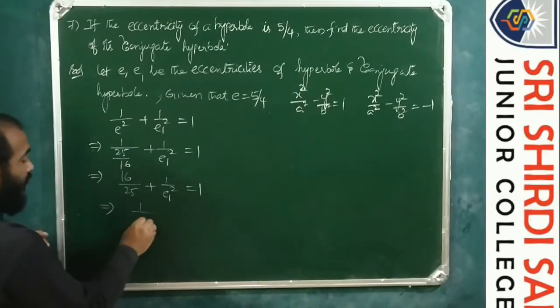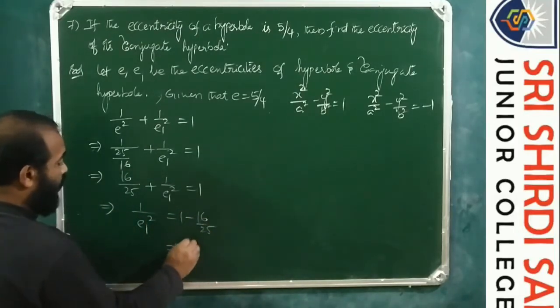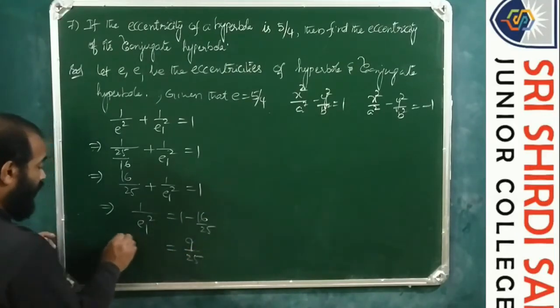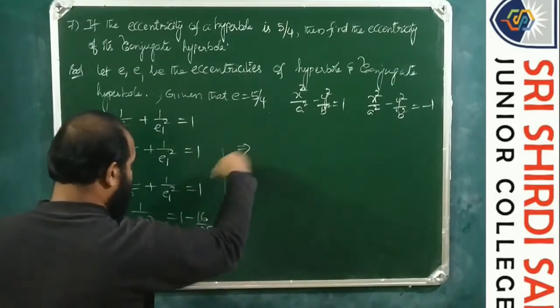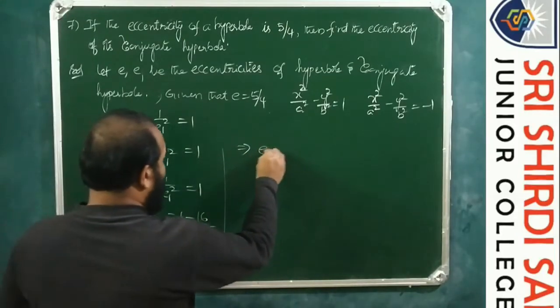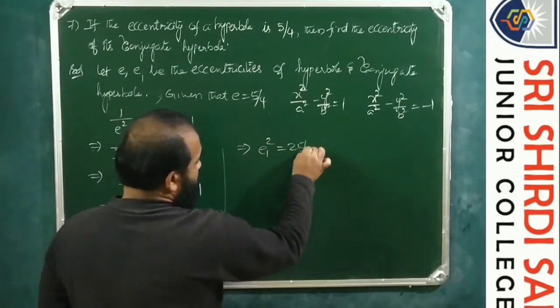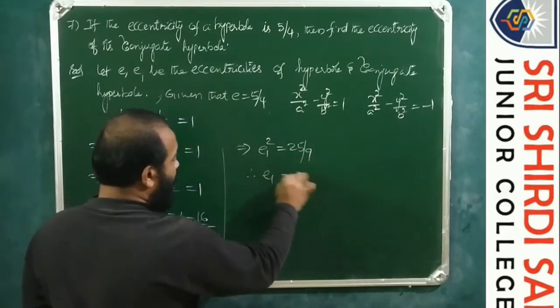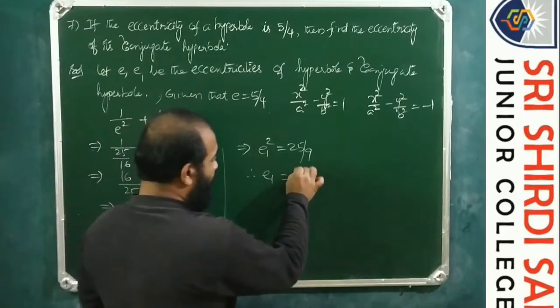So 1 by e1 square is equal to 1 minus 16 by 25, which is 25 minus 16, 9 by 25. So e1 square is equal to 25 by 9. Therefore e1, the eccentricity of the conjugate hyperbola, is 5 by 3.